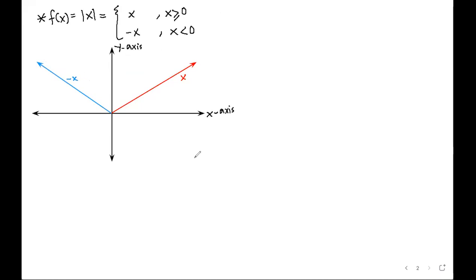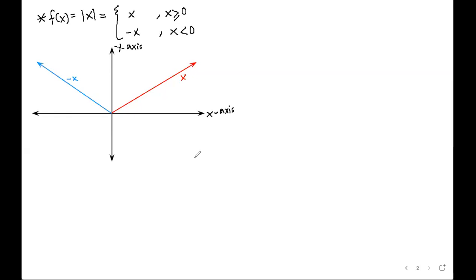Okay, today we're going to talk about how to see whether a graph satisfies being a graph of a function or does not, by using something called the vertical line test.